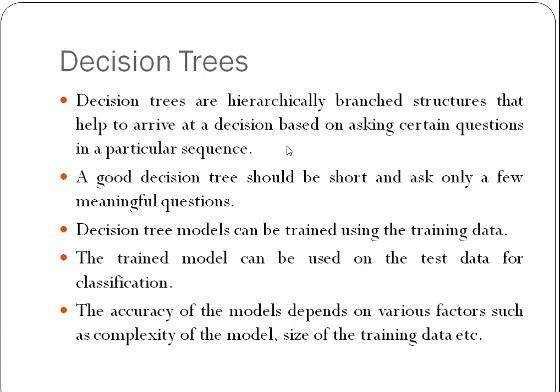Based on the answers to those questions, it branches out and leads to an ultimate decision or classification. And what is a good decision tree? It should be short, and it should ask only a few meaningful questions. That's a good decision tree.